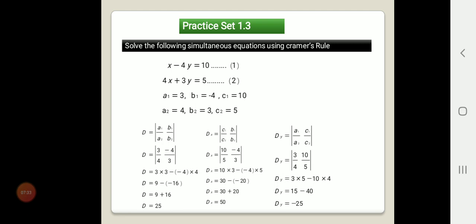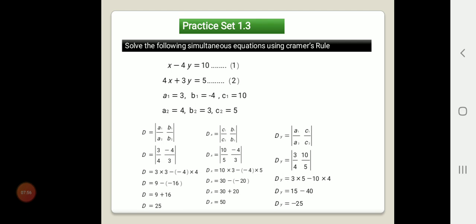Put in the values and find the value of D. D is equal to 3 into 3 minus, in bracket, minus 4 into 4. 3 into 3 is 9, minus minus 16 is plus, so 9 plus 16 is 25. The value of D is 25.